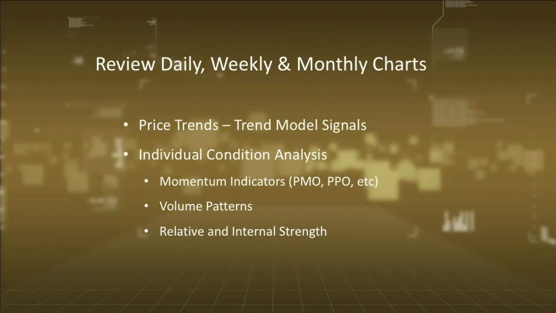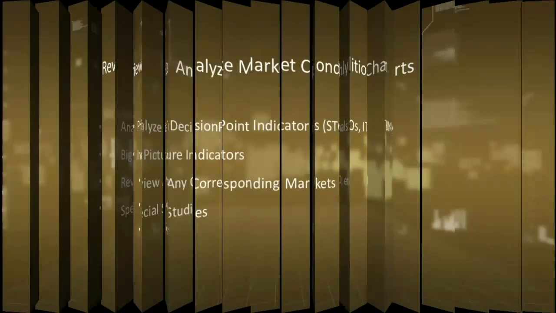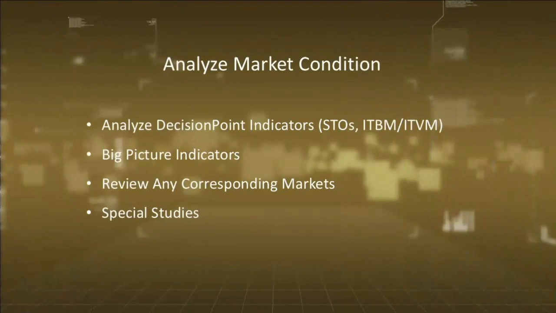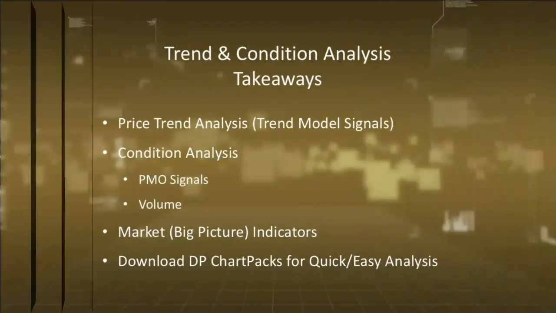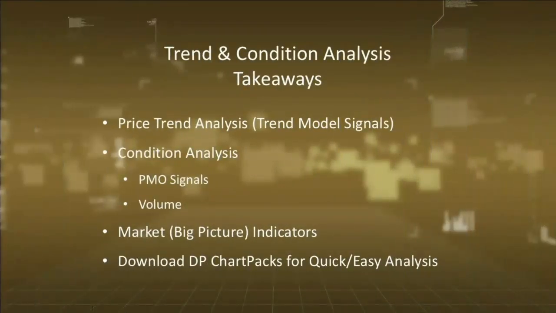So let's go ahead, and I want to go through our takeaways for today, and then we'll look very quickly at our poll. All right, so takeaways for today. What you want to look at first is your price trend analysis, and that's where I get my trend model signals. I didn't go through exactly how we calculate them, but they are based on 5, 20, 50, and 200-day EMA crossovers.